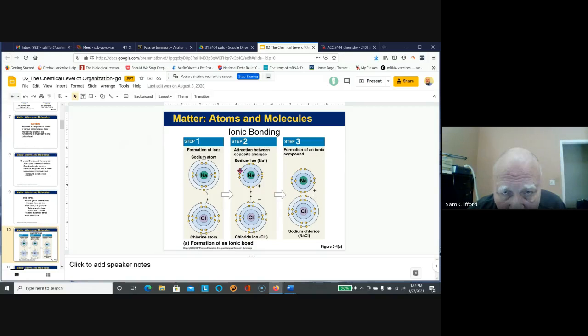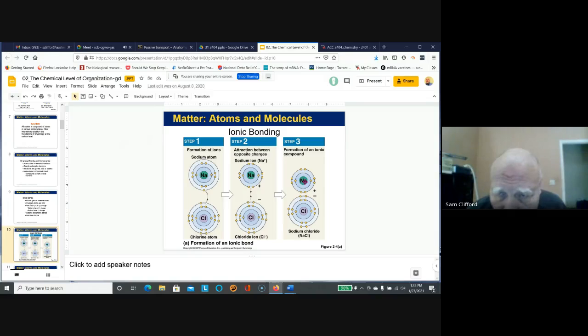Okay, so an ionic bond. This sodium has 11 electrons: 1, 2, 3, 4, 5, 6, 7, 8, 9, 10, 11. An ionic bond is formed when the sodium metal donates 1 electron to the chlorine, and chlorine has 17 protons. The chloride ion has 18 electrons, so it now has a negative charge, and the sodium has a positive charge.